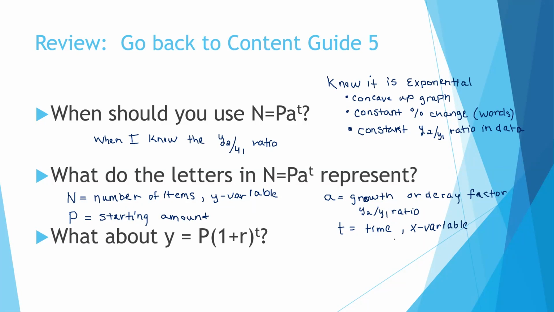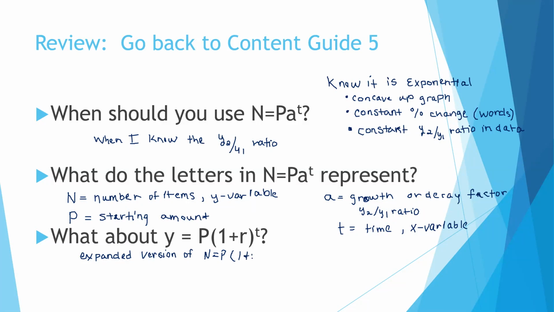And then we're asked, what about the y equals P(1 plus r) to the T formula? And so this is an expanded version of NPAT. We see the P's matching up.